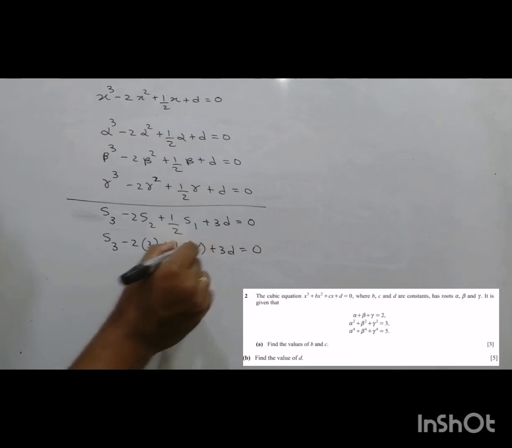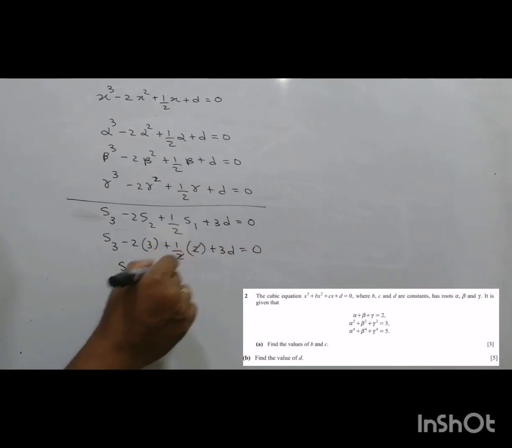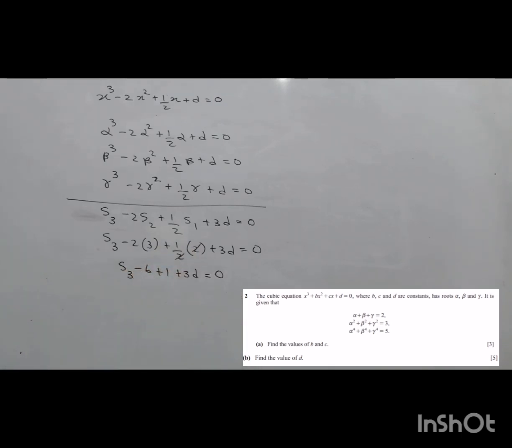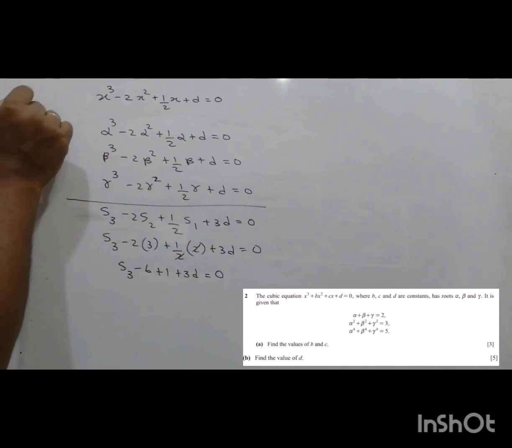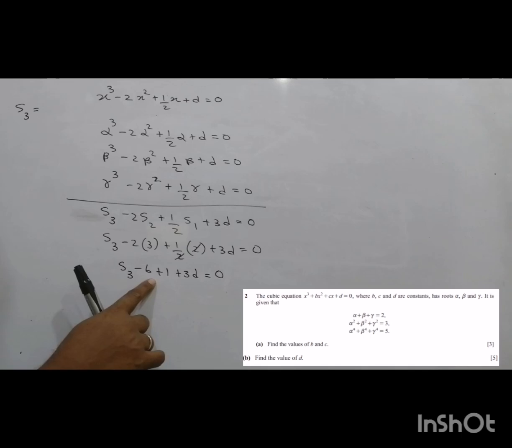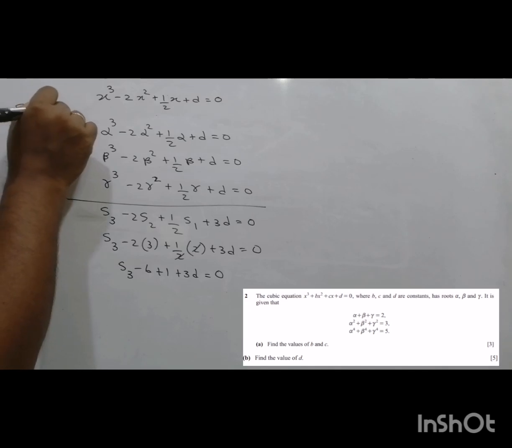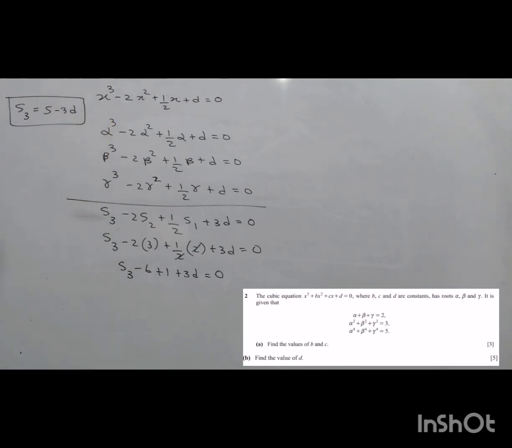So we can simplify here a little bit. S3 minus 6 plus 1 plus 3D is 0. Now we can write S3 as minus 6 plus 1 is minus 5, so S3 is 5 minus 3D. We can keep it like this for the moment.